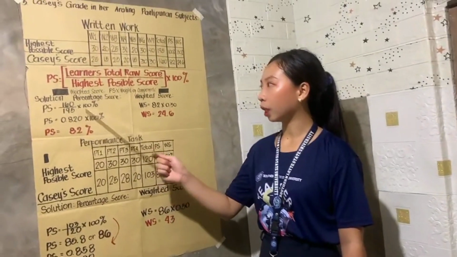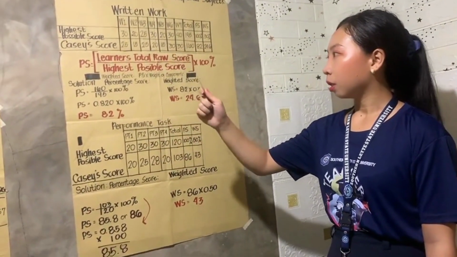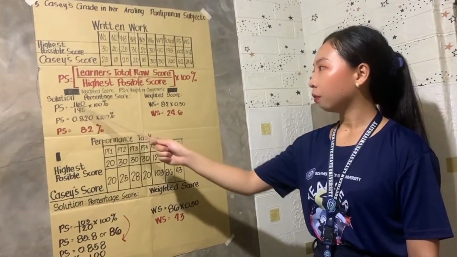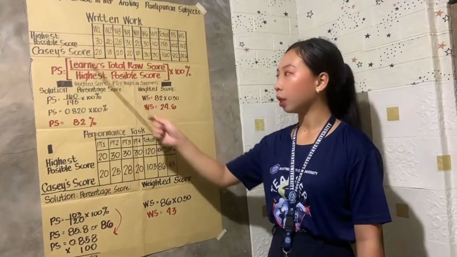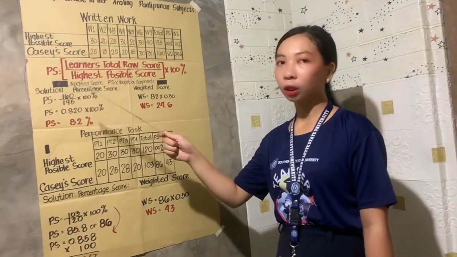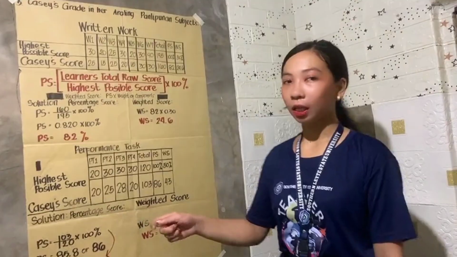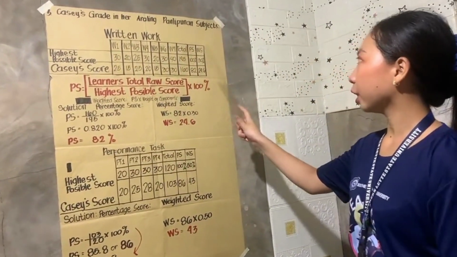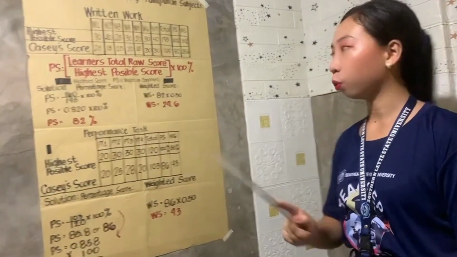So the solution: 160, which is the score of Cassie, divided by 195, which is the highest possible score. That would be 0.82, and we're going to multiply it by 100. So Cassie got 82%.